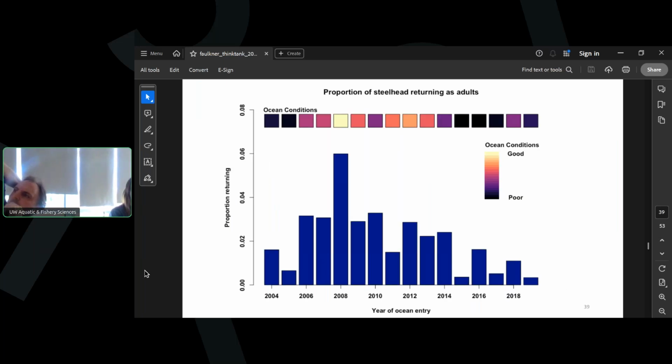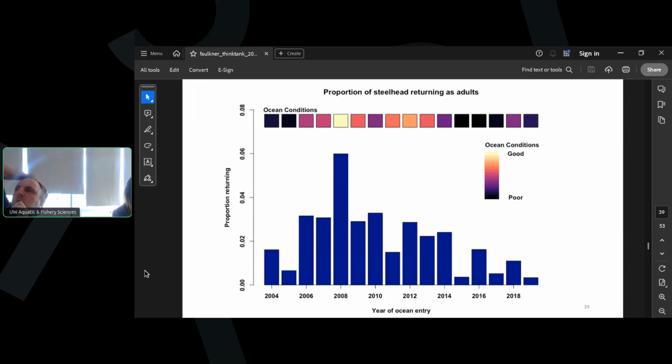Okay, so in blue are the proportion of fish returning, collapsed across all the age classes in each year. It's low, usually less than 2%, as low as 0.5%. 2008 was the best year of that lot, at over 6%, but it's not a lot of fish coming back, right? And then I used this stoplight thing, Brian's thing.